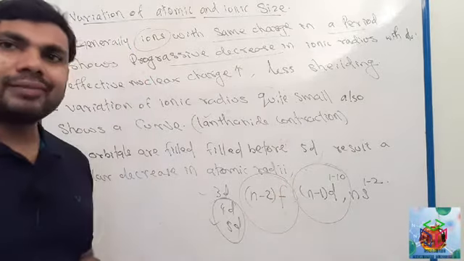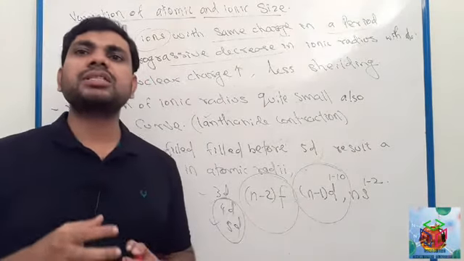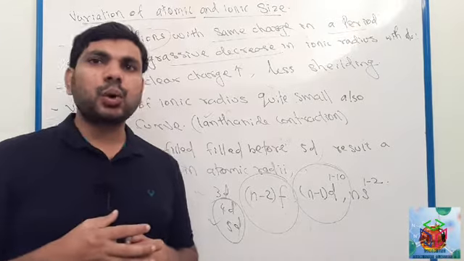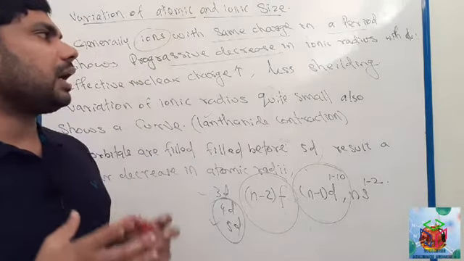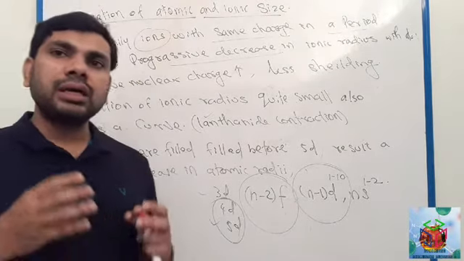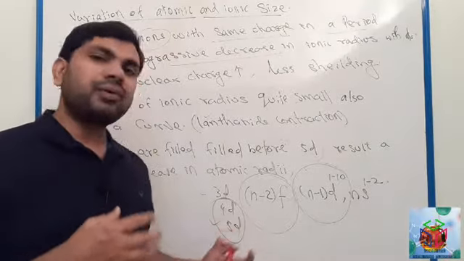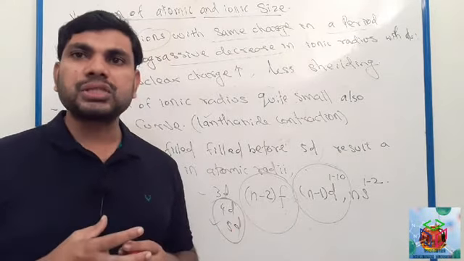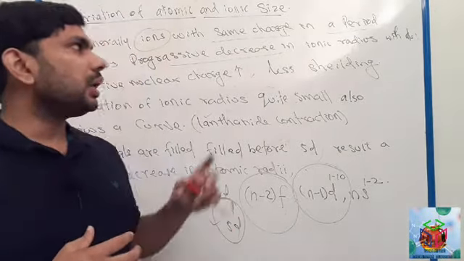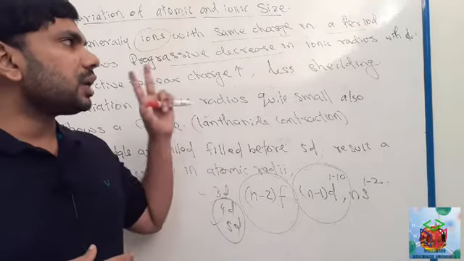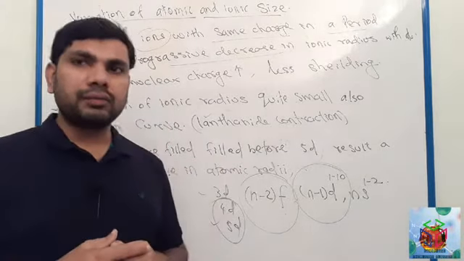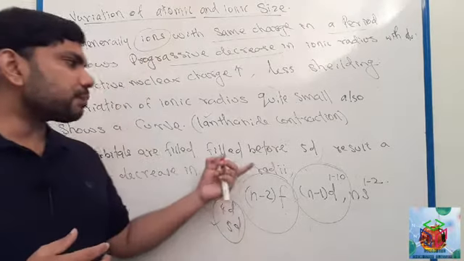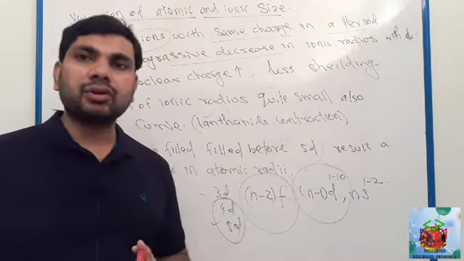Before filling 5d orbitals, 4f electrons are filling. That's why the atomic and ionic radius of the 4d and 5d series are very close to each other, and one curve is observed. And this process is called lanthanide contraction.